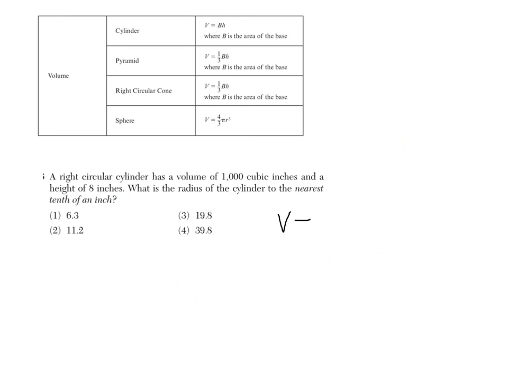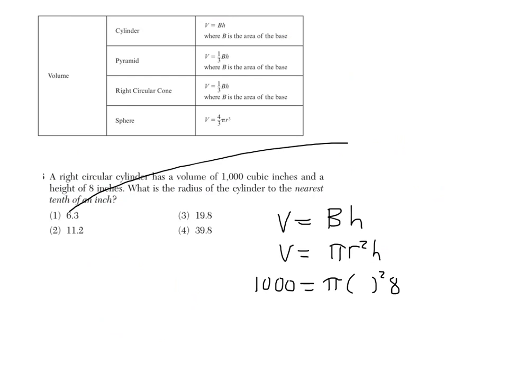You'd still need to use the formula volume equals big B times H, which is pi r squared times H. And you know the volume's 1,000. You know the height is 8, but you don't know the radius. But you do have multiple choice possibilities to insert for r. This way you don't even have to solve the equation, you just have to try out the different numbers and evaluate the expression.